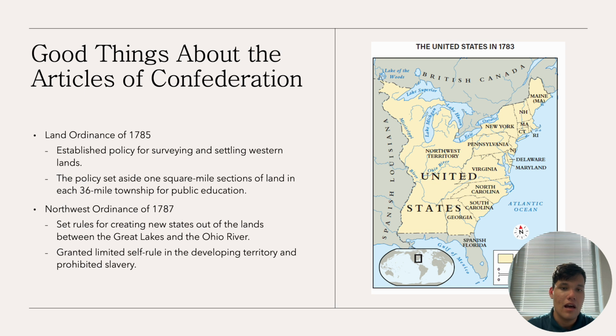The Northwest Ordinance established rules for creating new states and prohibited slavery in the Northwest Territory. Go ahead and write down the notes. Those were the two good things about the Articles of Confederation. Let's move on.